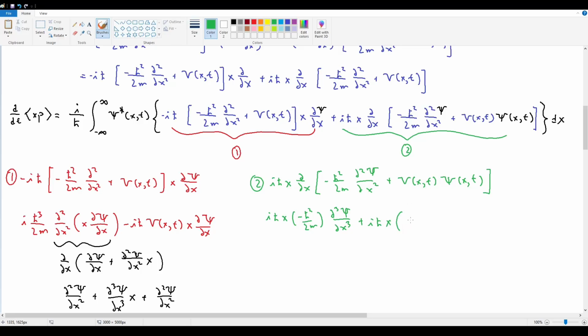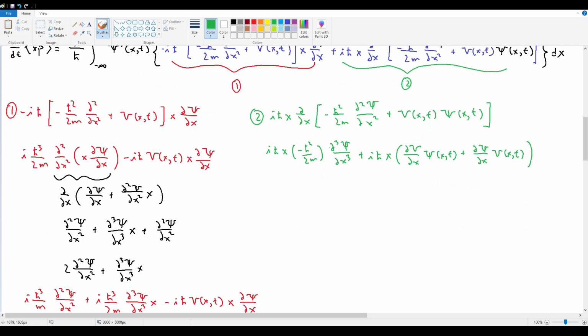That's going to be dv by dx times psi plus triangle prime times box, d psi by dx times v, like that.